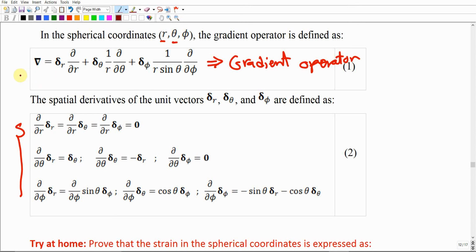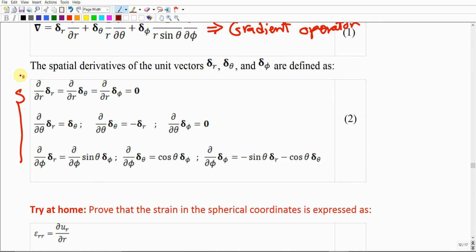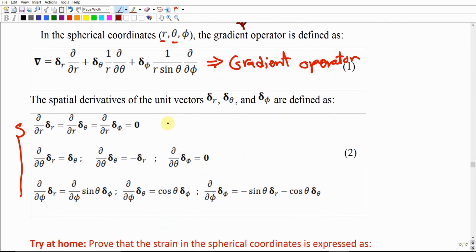So if we plug in this nabla and substitute it, you can simply calculate the nabla u with this expression, and do the multiplication the same, and then you're gonna consider these relations of the derivatives of the unit vectors.